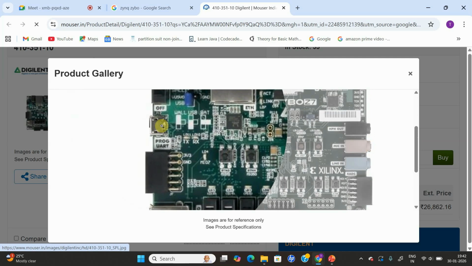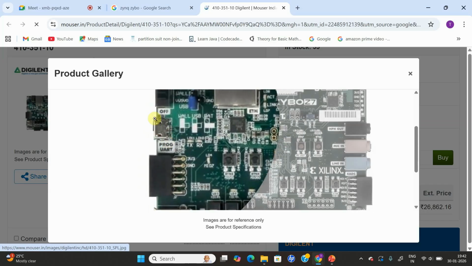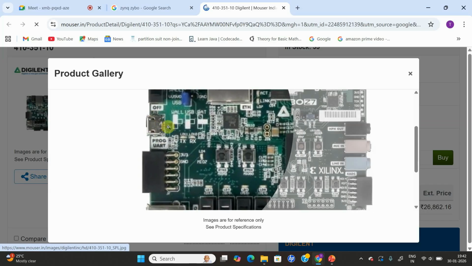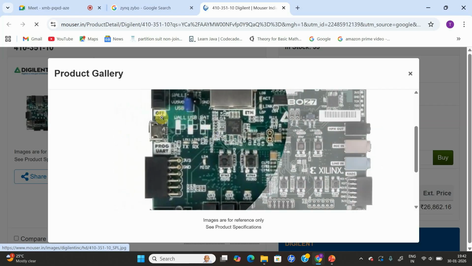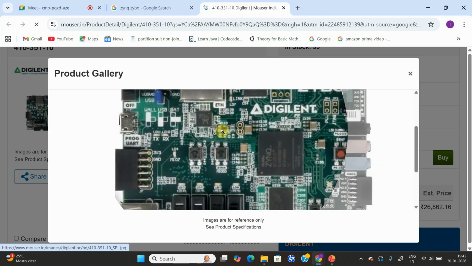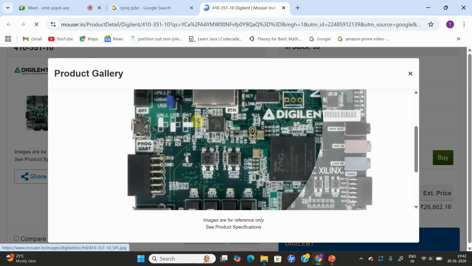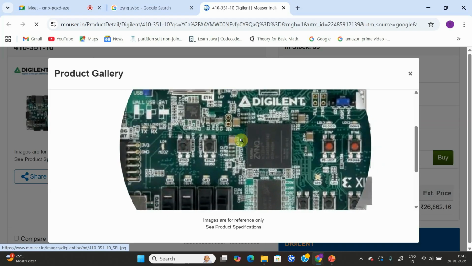So let's say from my system, if I want to send any data to my processor, I am going to send that data to this USB interface. There will be something known as a USB to UART converter, and that data will be converted into UART format and sent to my processor.